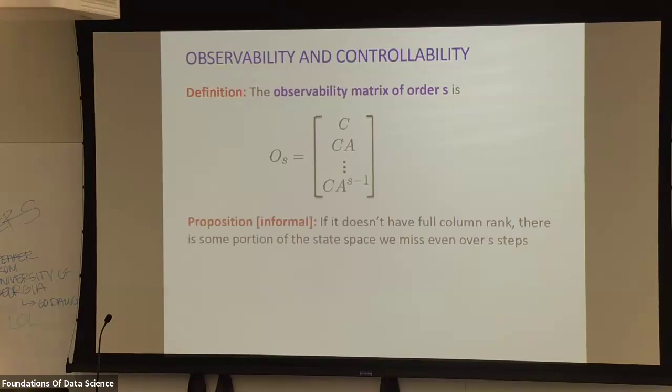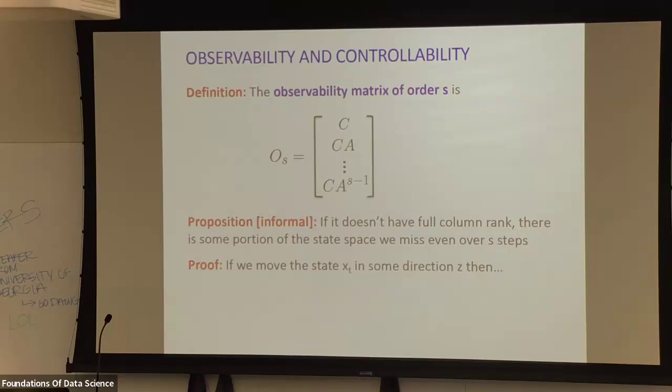And what I claim, this goes back actually to Kalman, is that if this matrix does not have full column rank, you're dead. Why is this? This is just a simple exercise in interpreting what these matrices mean. Imagine that this matrix does not have full column rank.